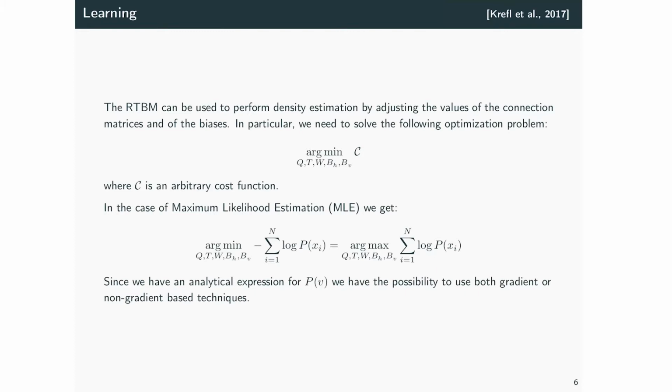So we want to vary the different matrices plus BH and BV in order to minimize some cost function. And for example, in the standard case of maximum likelihood estimation, we want to actually maximize this expression, so the sum over the different log of P(xi), where xi are some samples from the real probability distribution that we are trying to estimate.